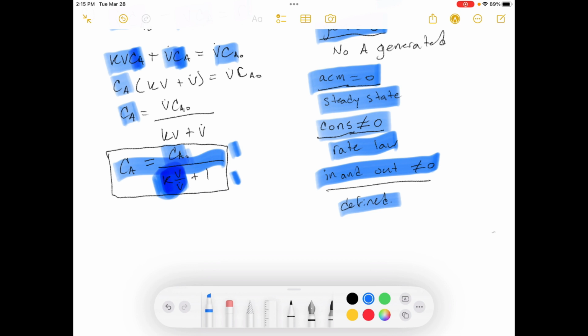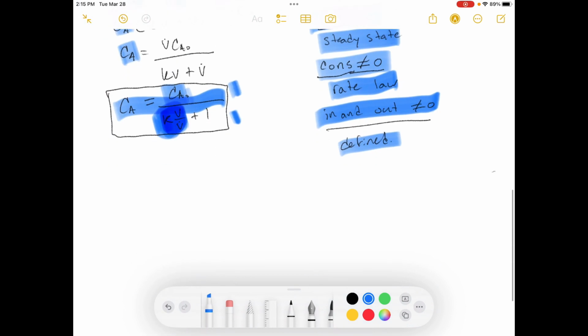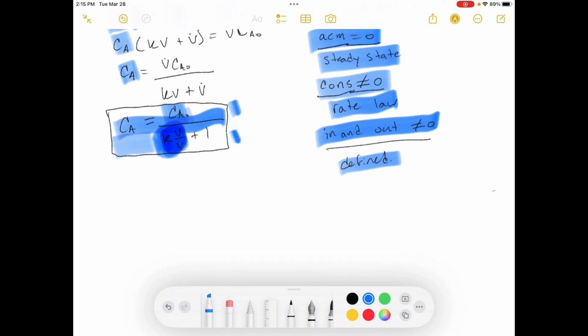Because if you divide by a big enough number, it's just going to get closer and closer to 0 until it basically approaches 0. Isn't that what we said? Yes, CA goes to 0. That's what we expected. Great. So this equation that we found from our analysis seems to match our common sense as well.